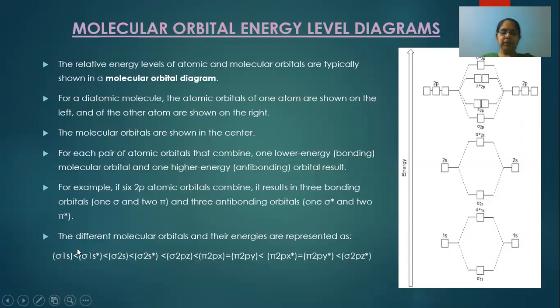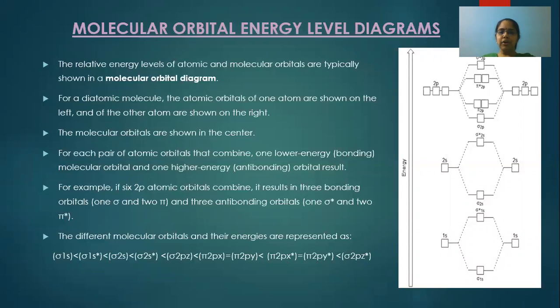Now, the different molecular orbitals that are produced are sigma 1s, sigma star 1s, sigma 2s, sigma star 2s, sigma 2pz, pi 2px, pi 2py, pi star 2px, pi star 2py, and sigma star 2pz. These are the molecular orbitals that are generated for some simple diatomic molecules.